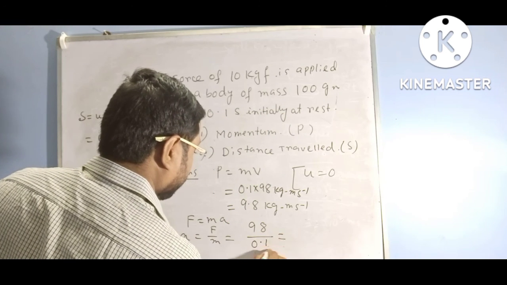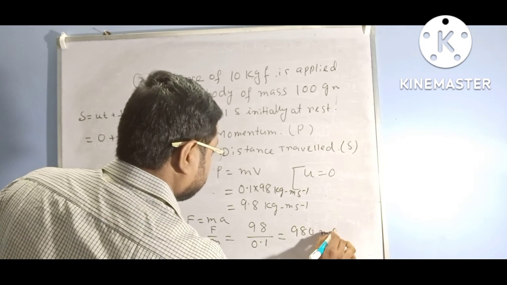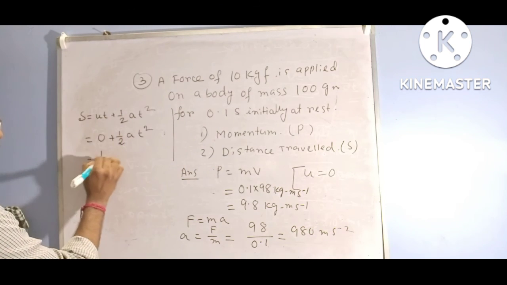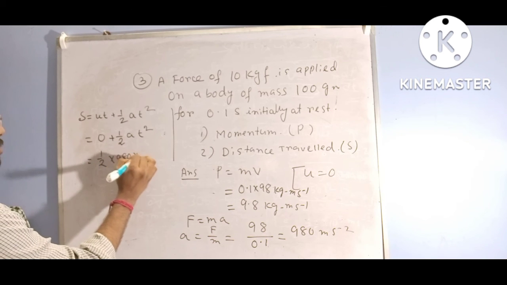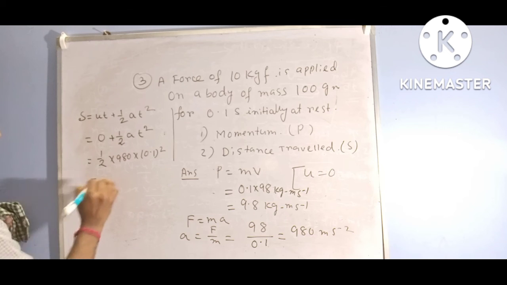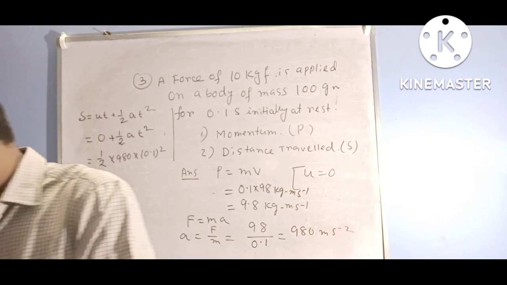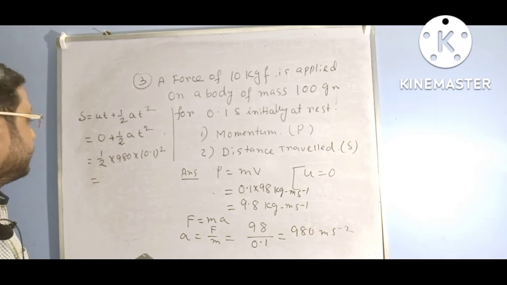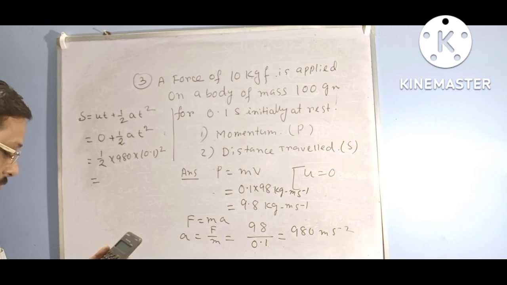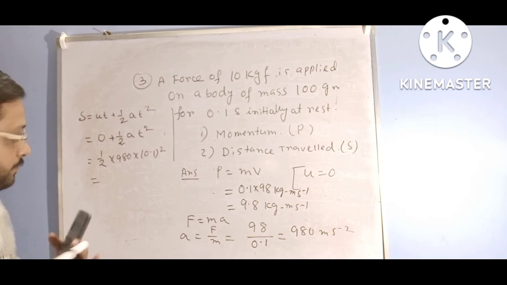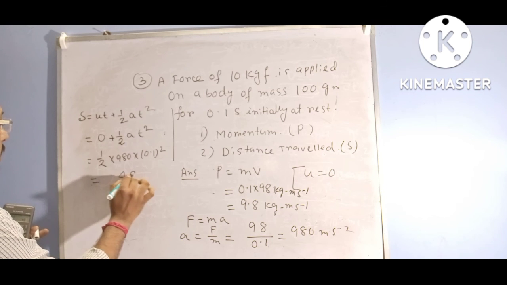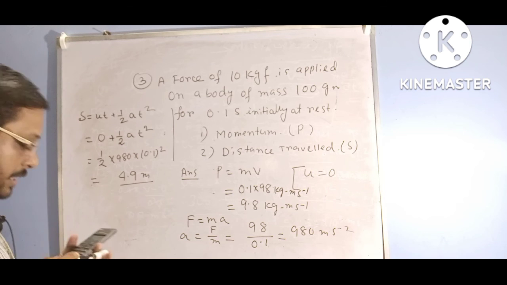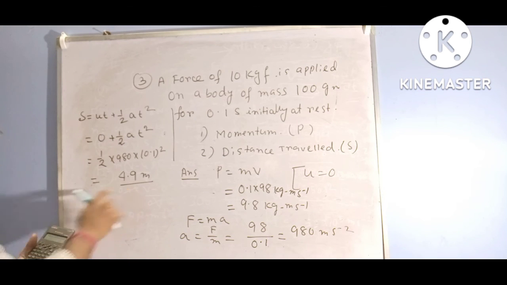Therefore, 98 by 0.1, that is 980 meter per second square. That is half into 980 into 0.1 square. If we solve it in the calculator, we get 4.9 meter. If g is taken as 10, then it will be 5 meter.